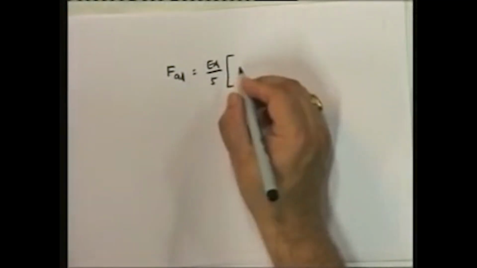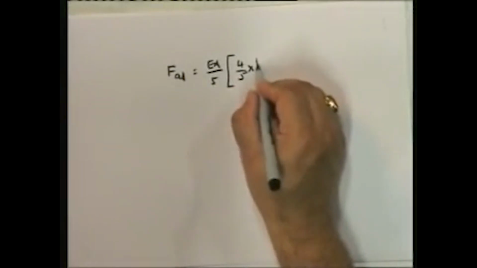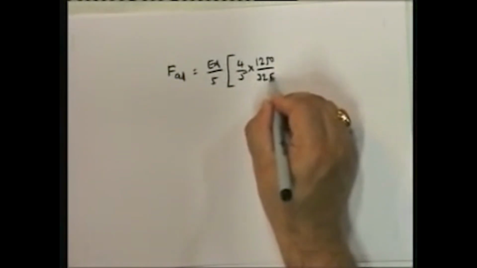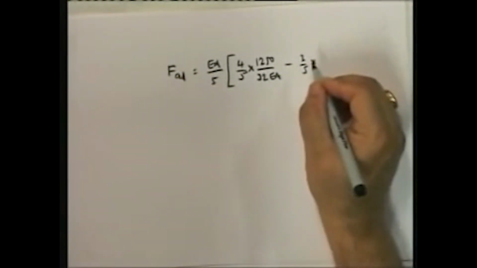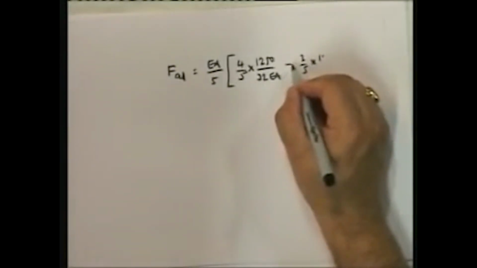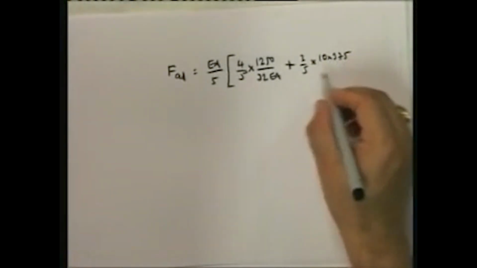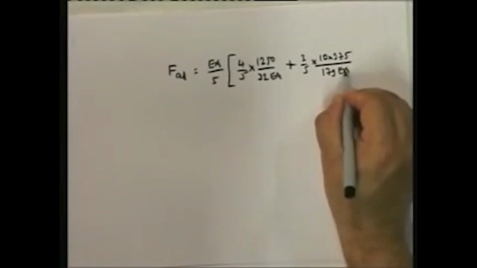R1 is equal to 4 by 5 into 1250 upon 32 EA, minus 3 by 5 into, so R2 is minus, so this becomes plus, 10 into 375 upon 179 EA.